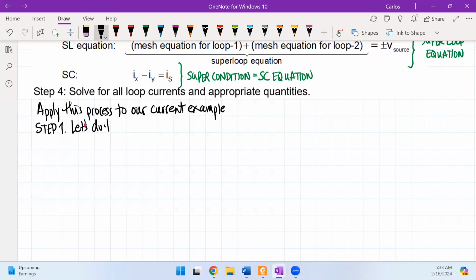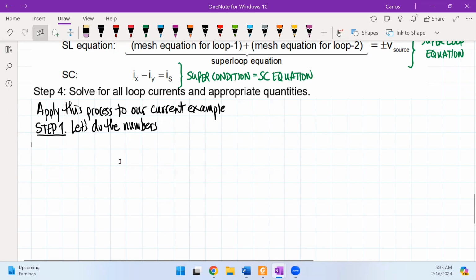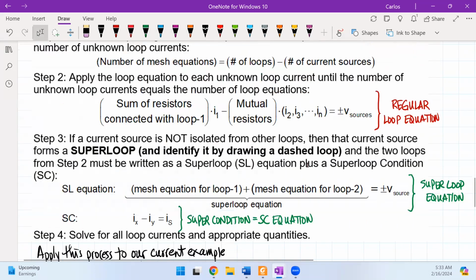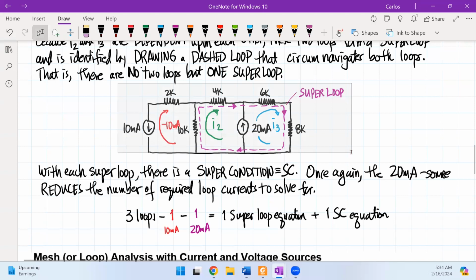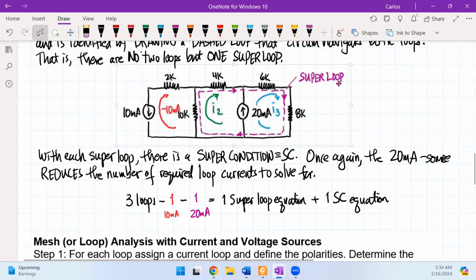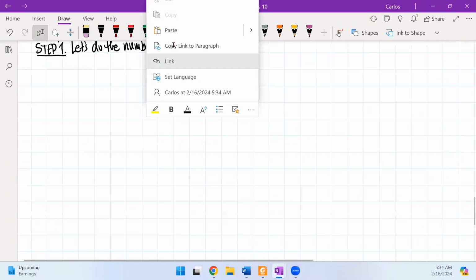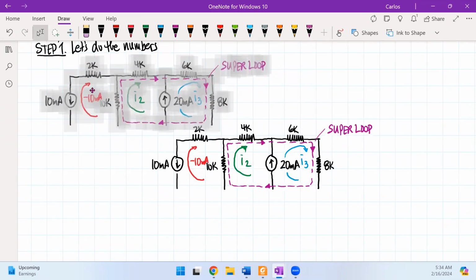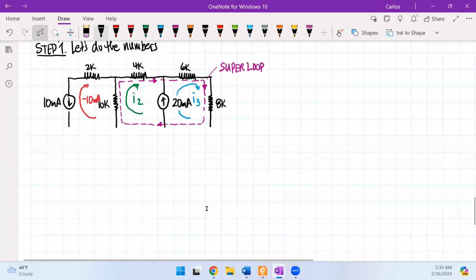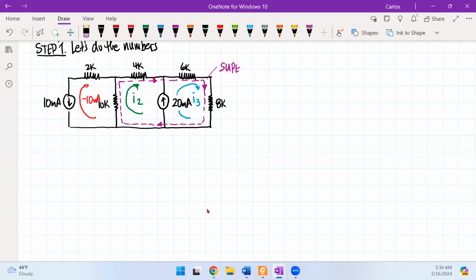Let's do the counting. Let me set this up here. I'm going to take this circuit and stick it back down here. So when I look at it, I have this. And it looks like I dropped the bottom wire, so let's get that.